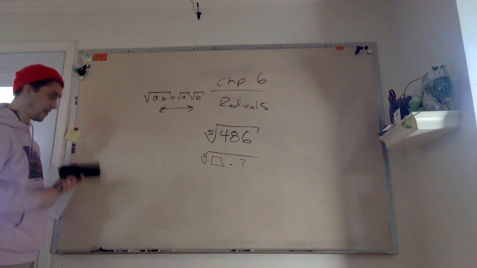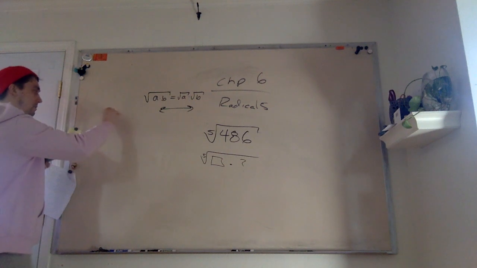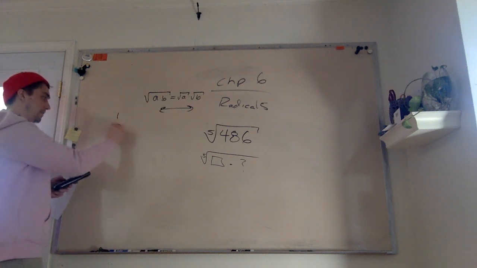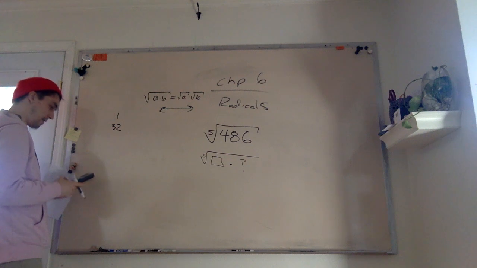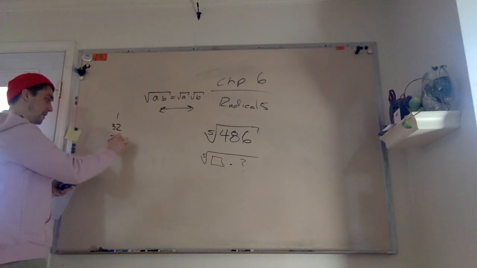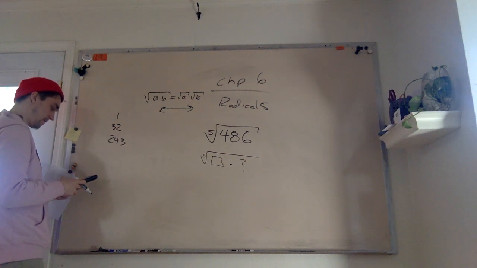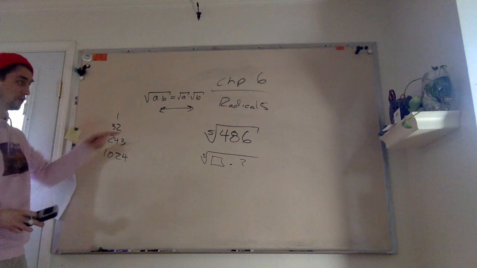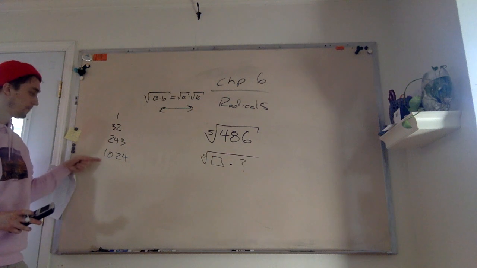So 1 to the 5th power is 1. 2 to the 5th power is 32. 3 to the 5th power is 243. 4 to the 5th power is 1024. So now you can stop because you've gone beyond 486.